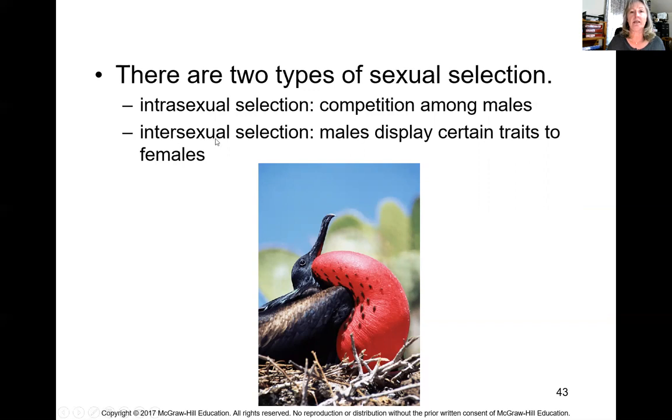Intersexual selection is where the male typically is trying to attract the female, because again, the females, because of those environmental pressures, there may be limited food, it may be a large number of predators, but whenever you see environmental pressures, you're going to see more competition for the mates.